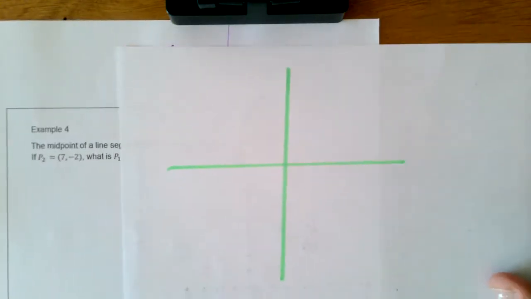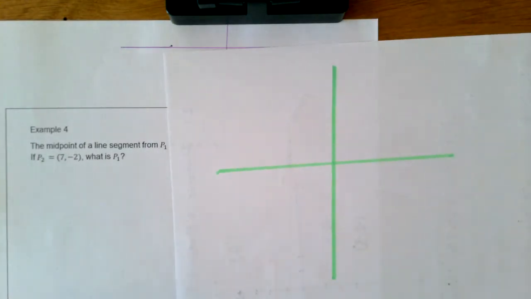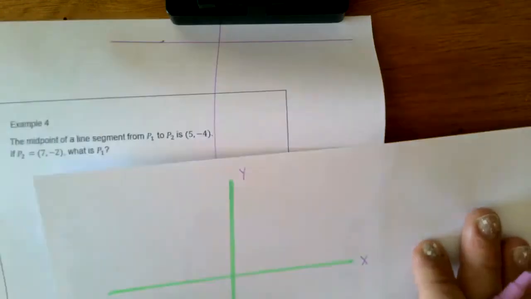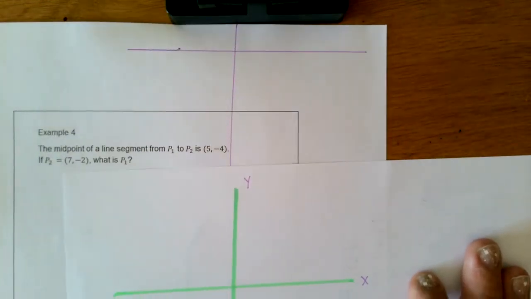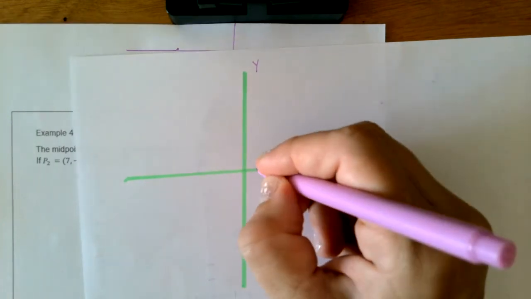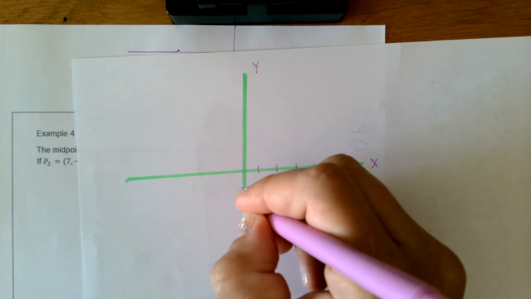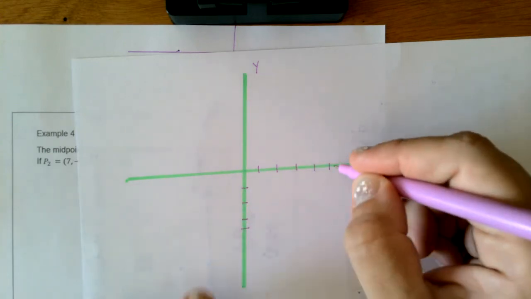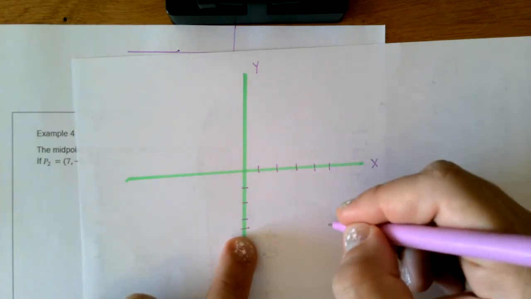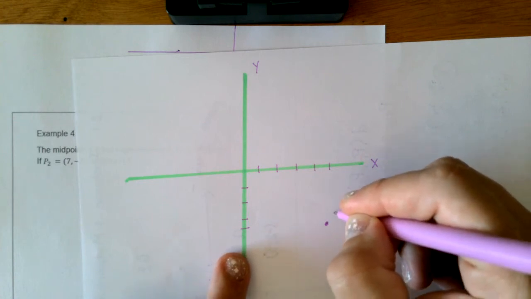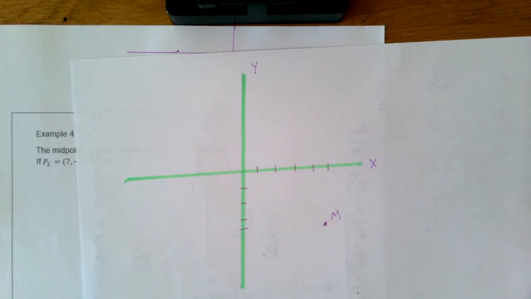Okay, here's my X and my Y. The midpoint of a line segment is 5, -4. I'm going to go over 5, down 4. That's my M.